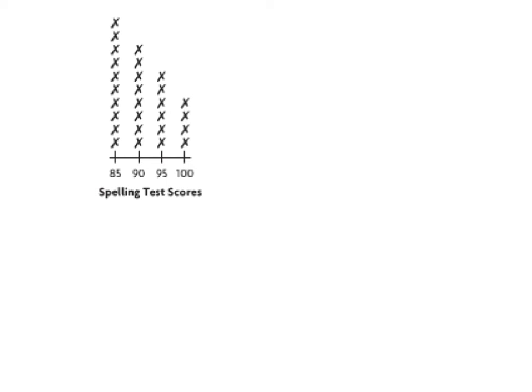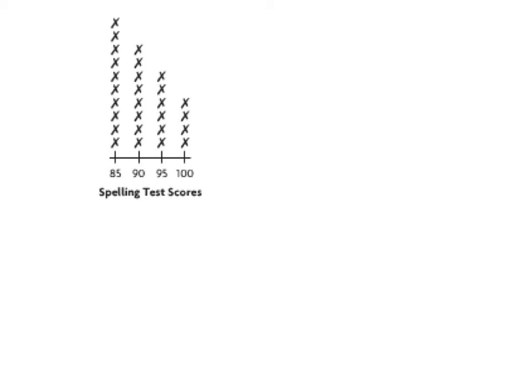So, most students received 85. How many students received 85? Just simply count the marks. 1, 2, 3, 4, 5, 6, 7, 8, 9, 10. 10 students received the score of 85.